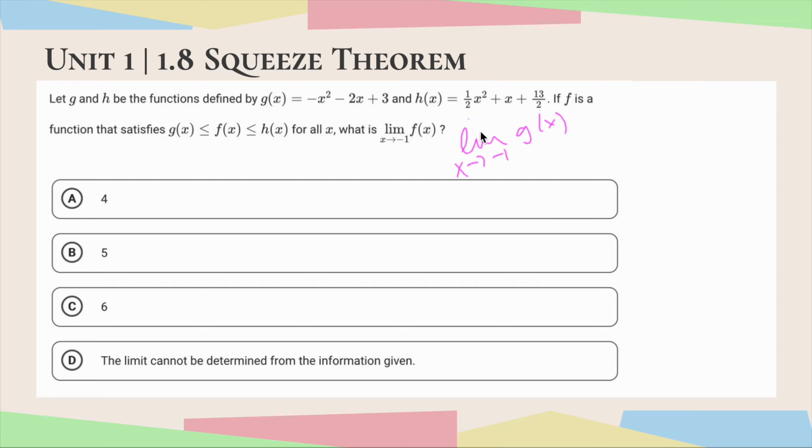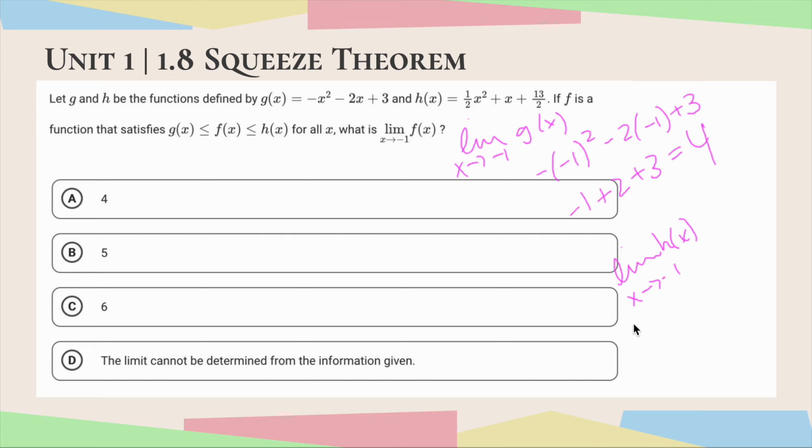So I'm going to go ahead and plug in -1 into g. So I'm going to get (-1) squared minus 2 times -1 plus 3. All right, so (-1) squared is 1, so that's 1 plus 2 plus 3, which gives me 6.